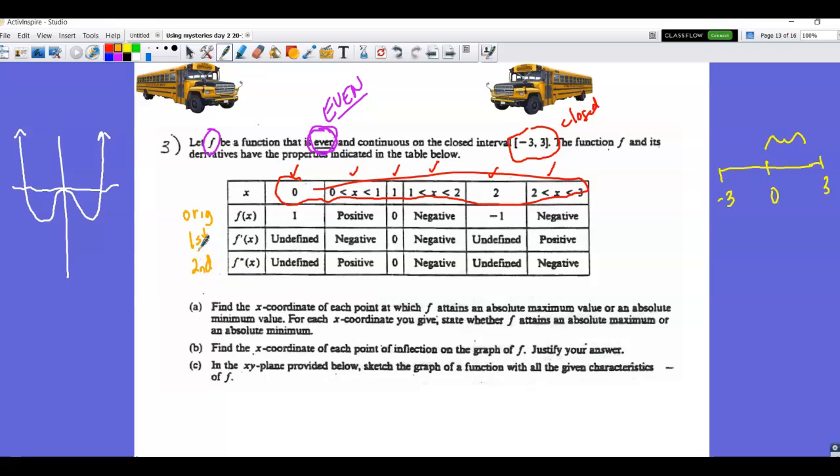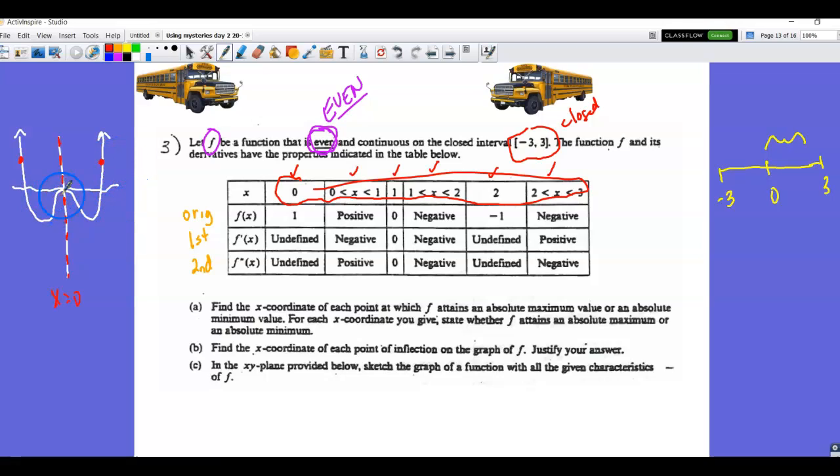So let's look at our sample even function to figure out how the function behaves on either side of the origin, because we're reflecting. I'll just dot my y-axis. Okay, and of course that's where x is equal to 0. So if I choose a sample value of x, for example this value of x, then over here on the right hand side this would be the reflection of that point.